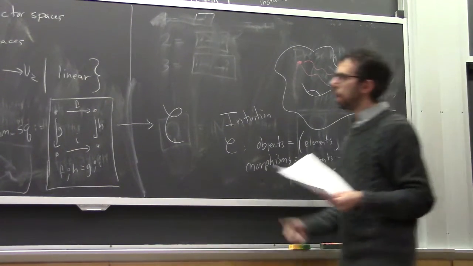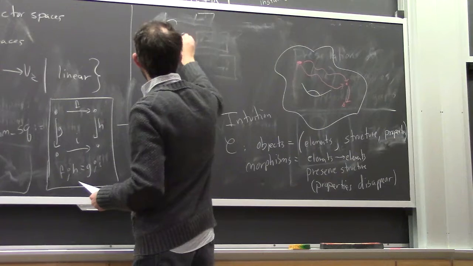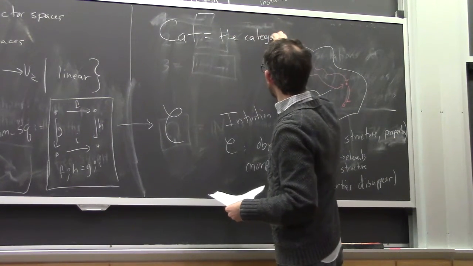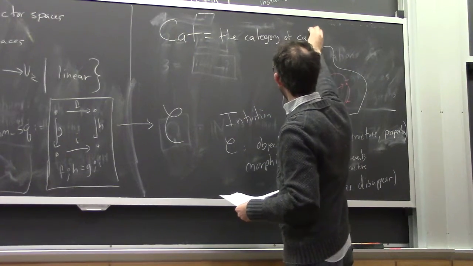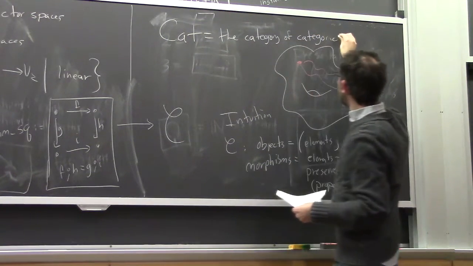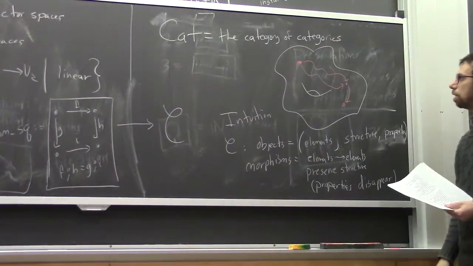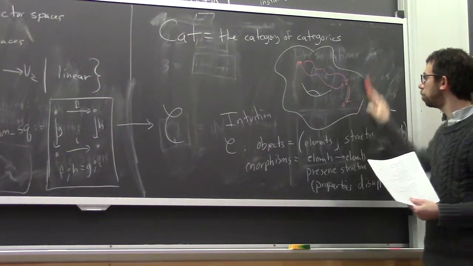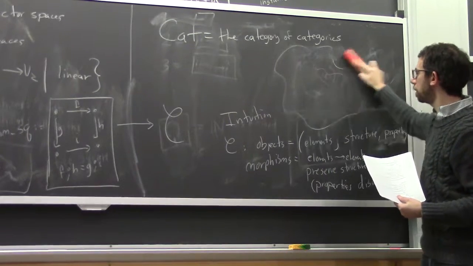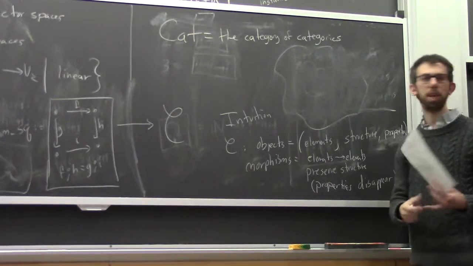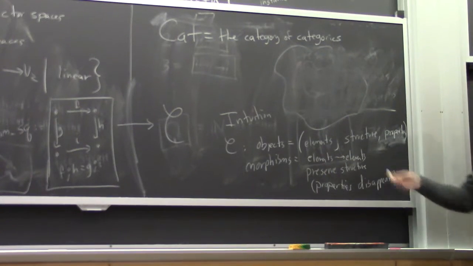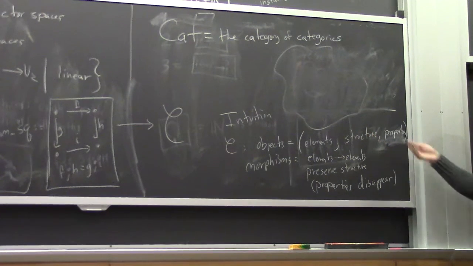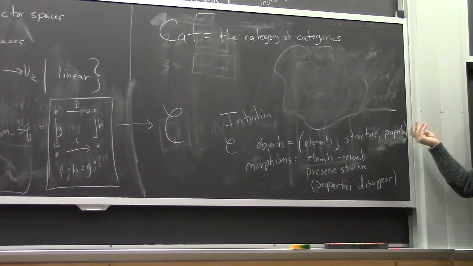Okay, so in the same way, if we wanted to come up with what Cat should be, the category of categories, we've already said what its objects are. Its objects have a certain sort of element, namely objects and morphisms. They have certain structures like composition and identity, and they have properties like unitality and associativity.